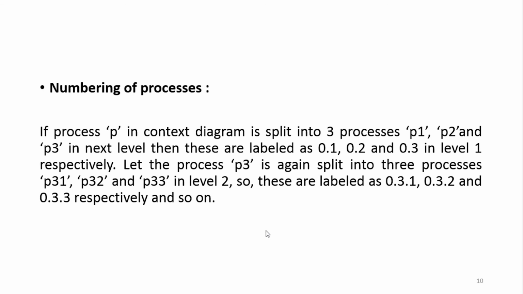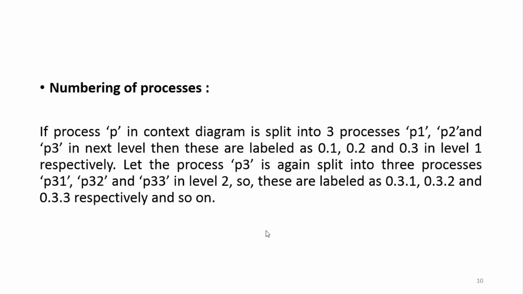Again, if my process, say P3, splits into a number of processes, then those are the children of that P3 process: P31, P32, P33. That is how we know it in our mind, but when we actually represent them in a diagram, we can label them 3.1, 3.2, 3.3 respectively, and so on.